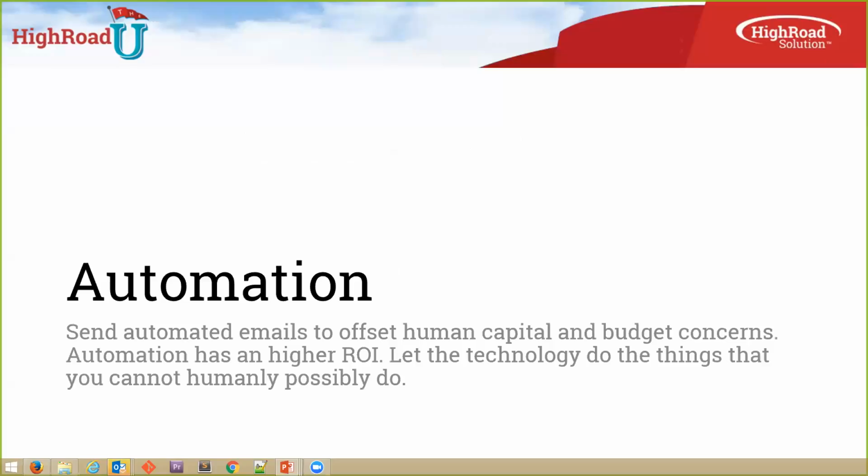And so automation really is the thing that offsets your staff, your budget, your human capital on doing things. It's the technology that's doing things. And the technology is really good at doing things over and over again without making mistakes.